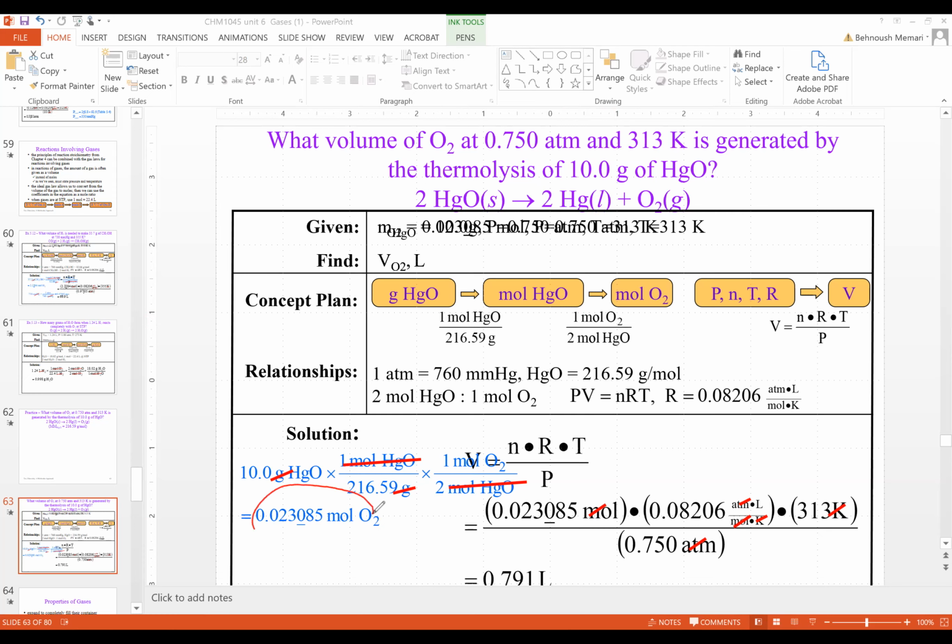Since we have moles of oxygen, this is the n, R is always given. The T was provided in Kelvin. And then the pressure, since it's in atm, you don't have to change it. You just use it directly. You could find the liters of oxygen produced.